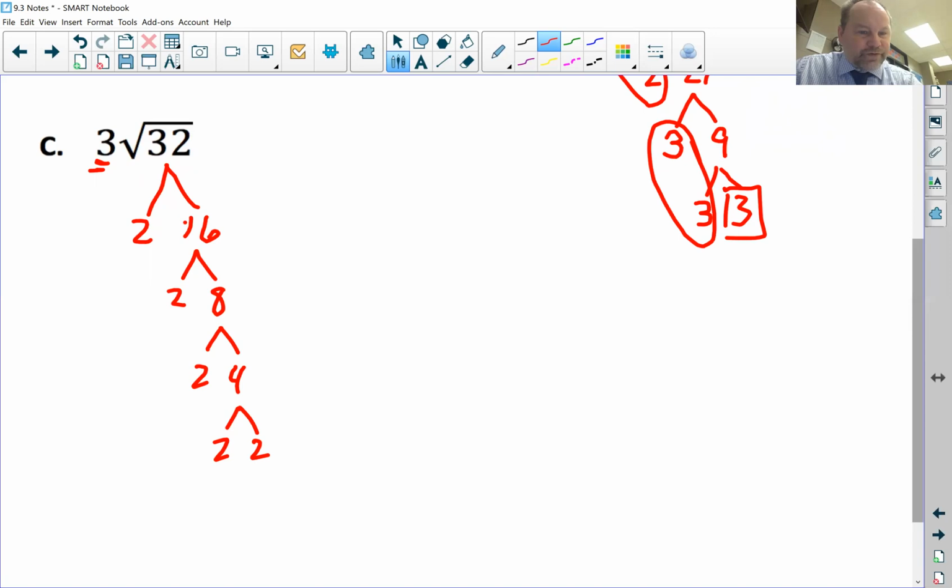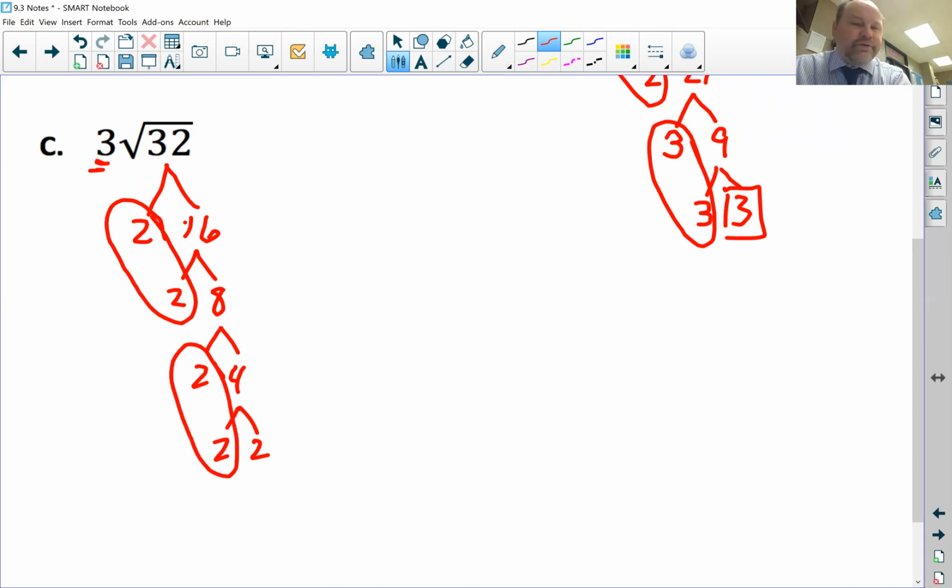Here are my pairs. I have 2 pairs of 2s. So I have 3 times 2 times 2. One of those 2s from this first pair, the second 2 from the second pair. And I have this other 2 that doesn't have a pair to go with, so it goes underneath the radical.